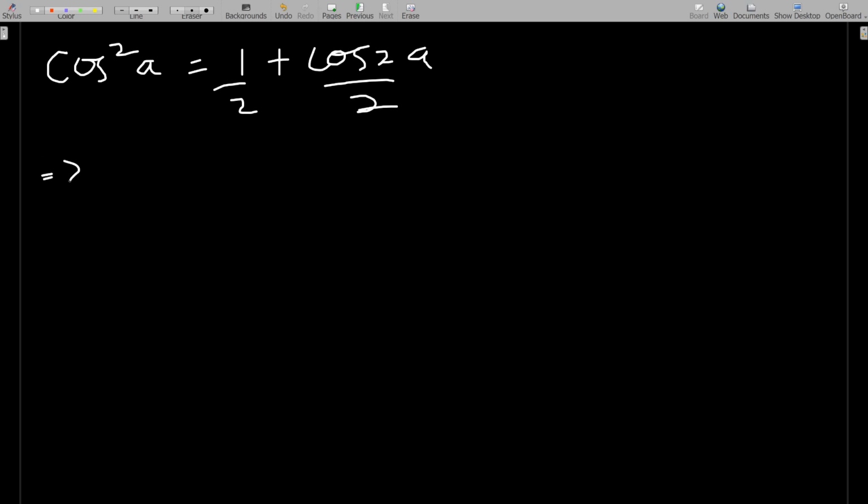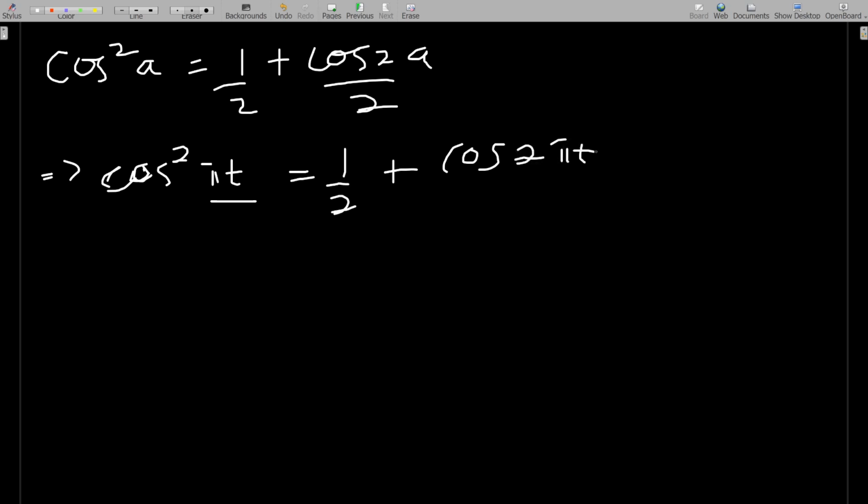This implies that cos squared pi t, where pi t is a, is equal to half plus cos 2 pi t over 2.